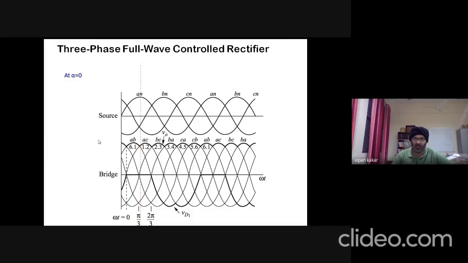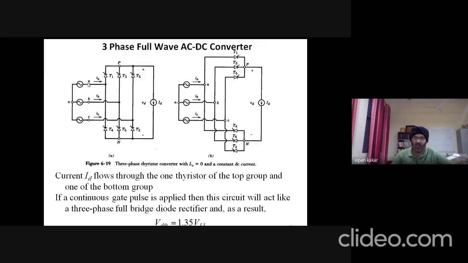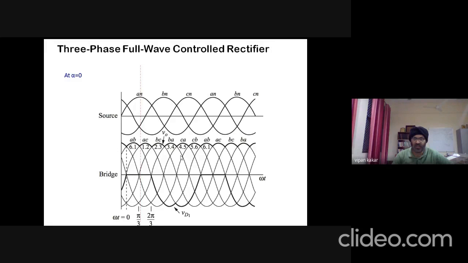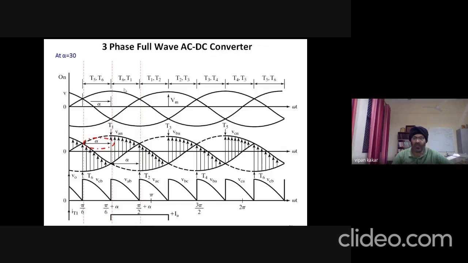VAN going through T1, going back through this load, through T6, and going back to the neutral through phase B. So the current follows this loop from A to B when 6 and 1 are conducting over here.